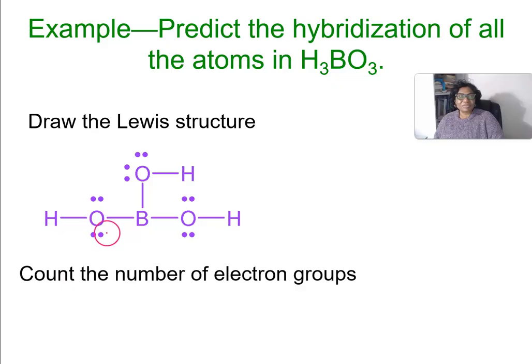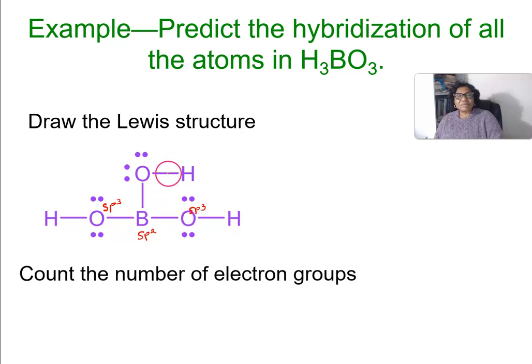So what's the hybridization? Think about it. So for oxygen, what's the hybridization? This should be sp3, because 1, 2, 3, 4 electron groups. Let's look at boron. 1, 2, 3. What's the hybridization? 3, sp2. This is 1, 2, 3, 4, sp3.